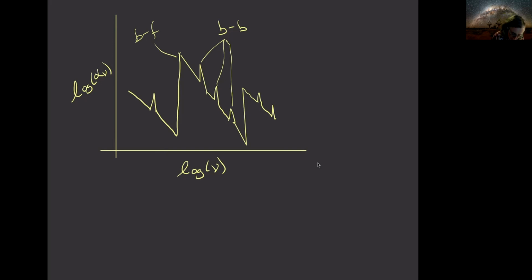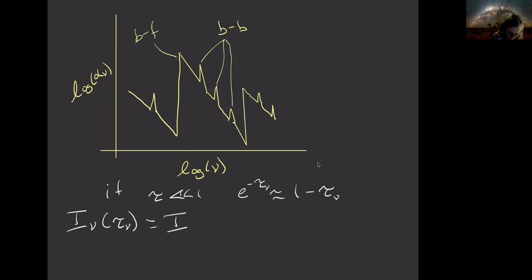So if we allow tau to be small, such that e to the minus tau is on the order of 1 minus tau, this is a familiar situation for us, then we can write the solution to the radiative transfer equation as I nu, the incident radiation, plus the absorption optical depth times the source function.